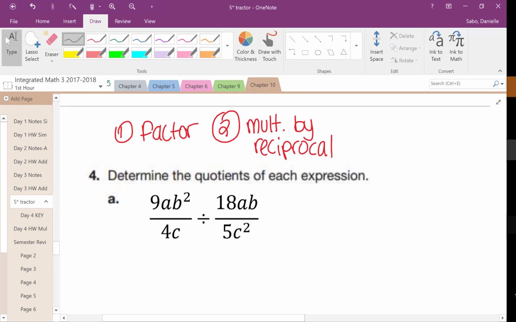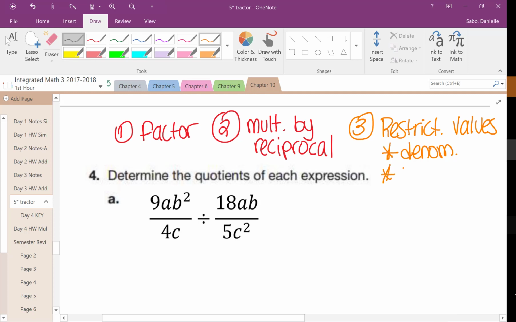Now here's the trickiest part of all of them, which is the restricted values. For the restricted values, make sure to include the denominators of everything, obviously, what we're used to.